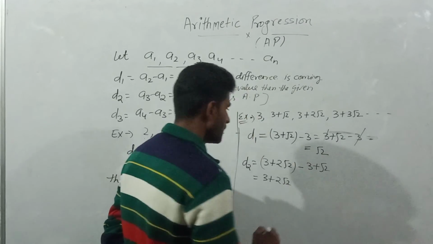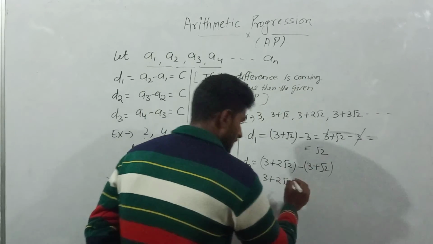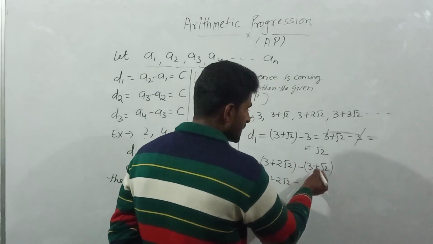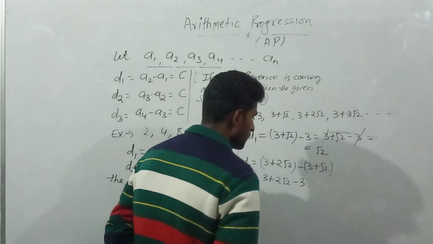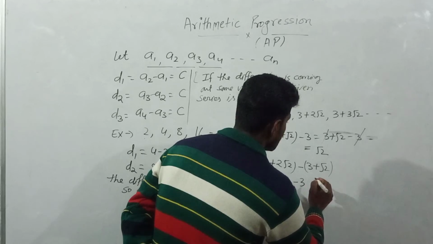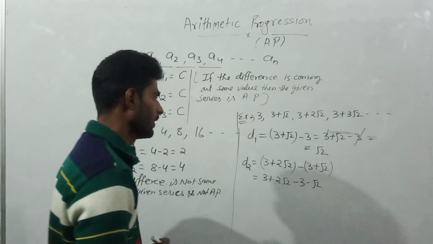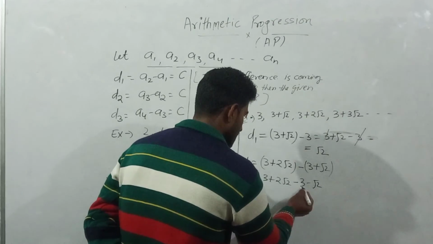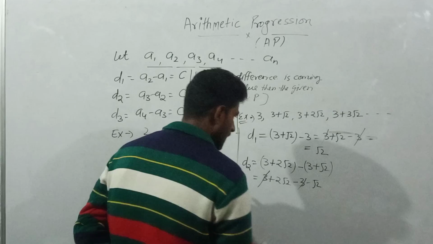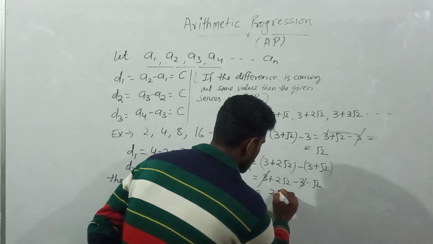This minus sign will change the sign inside the bracket, and this will come out minus 3 and minus root 2. So minus 3 and plus 3 will be cancelled out and the remaining is root 2.